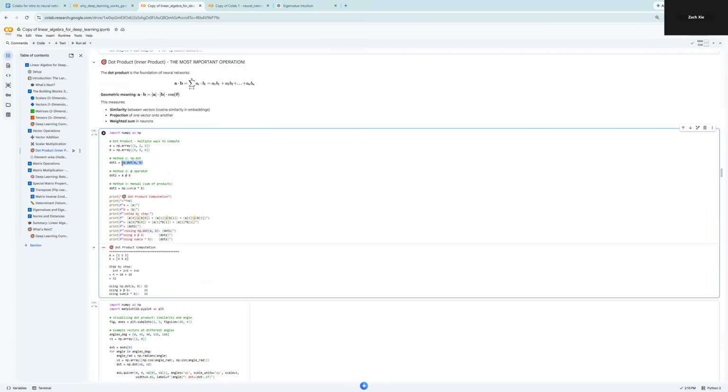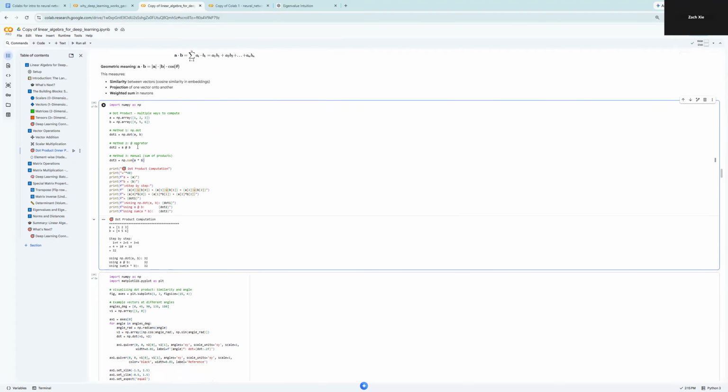You can either call NumPy dot, or just use this operator, or you can do it this way, which is probably not recommended. But note how it uses a times b. That's the element-wise multiplication, which we'll go over in the next section.